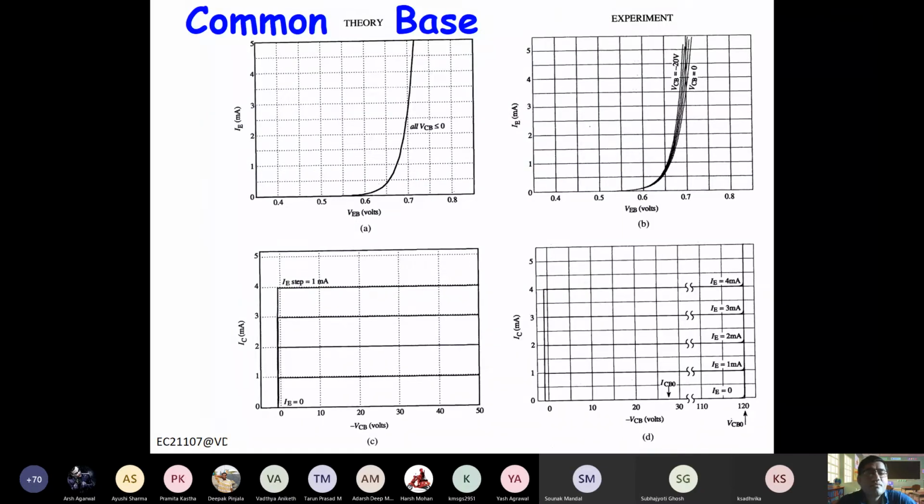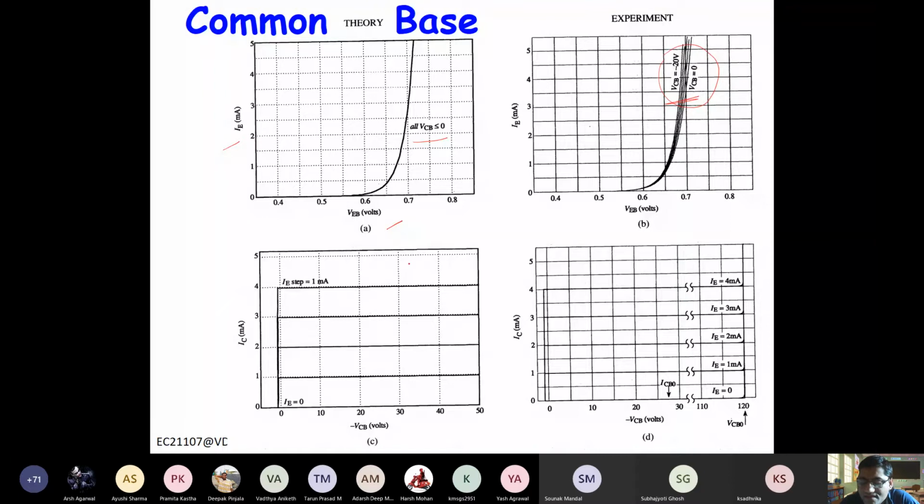So here you see the common base configuration, and in common base configuration you have IE versus VEB. It's like a diode, right? And we expect that for all base collector voltage it should be unaffected. But for the experimental device, if you notice here, if you apply reverse bias at the collector base junction, it is slightly affected, right?